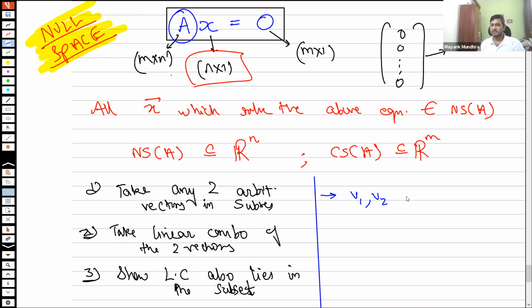Can anybody else tell me what property V1 and V2 satisfy? A into lambda 1 x1 plus A into lambda 2 x2. What is X1? You just told me V1. X1 is the x component of V1.